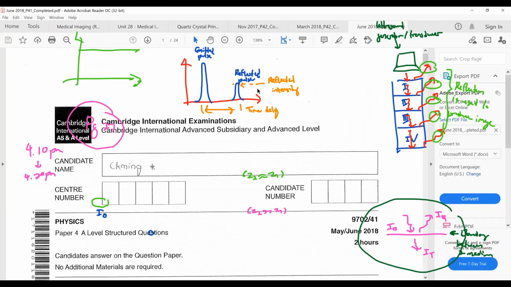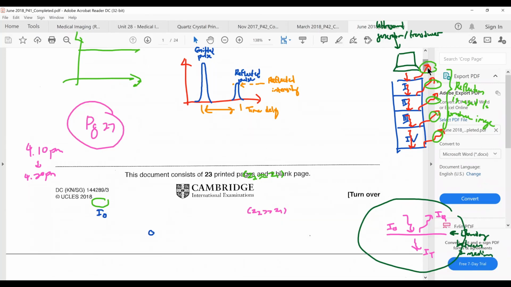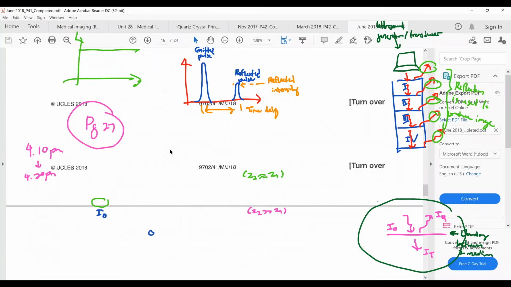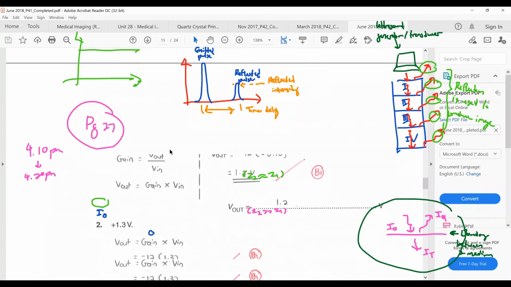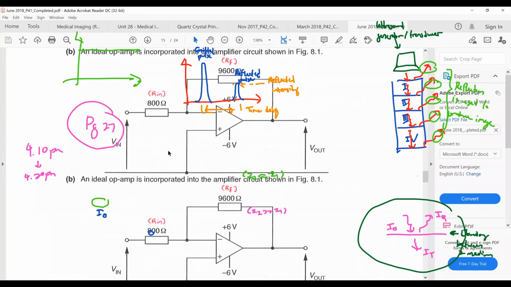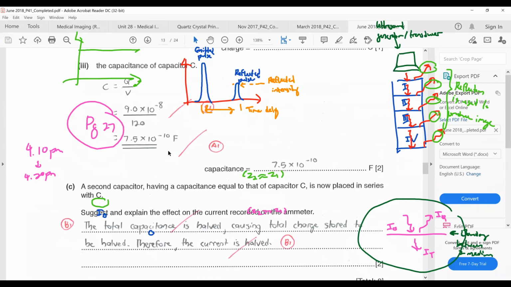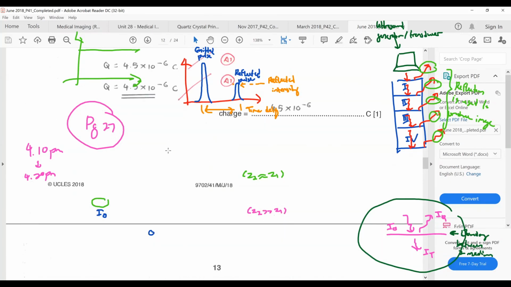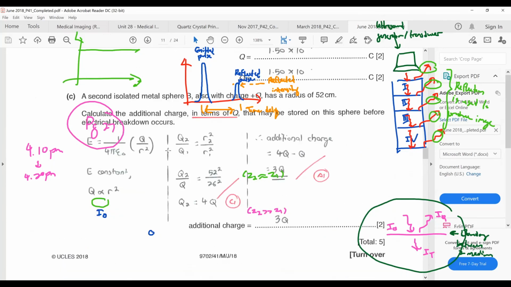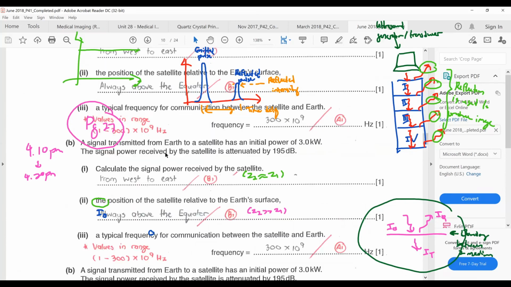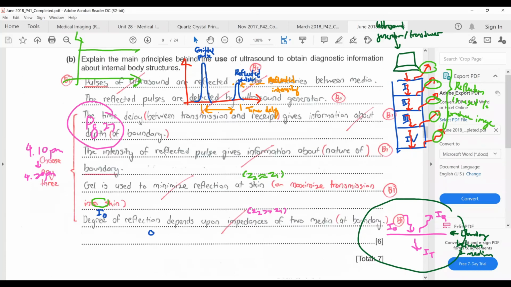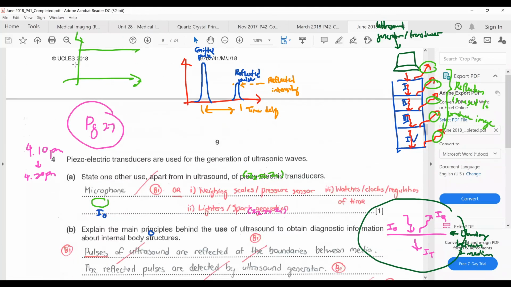Question 4, I believe that question is repeated. Page 27, question 4, which is this one.